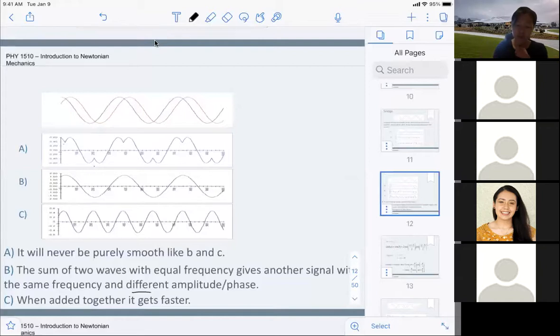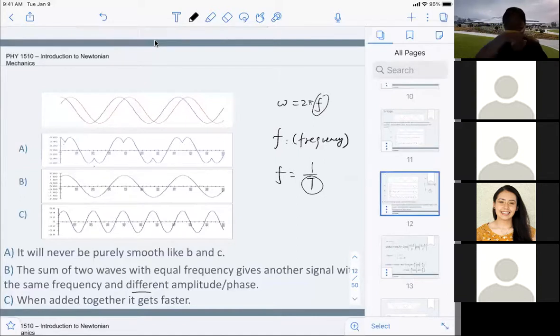Omega is our angular frequency, which a lot of times you write as 2 pi f. If you still remember, f, the frequency, is defined to be 1 over T. T shows how much time it takes to complete one oscillation, one cycle. Then f, being 1 over T, means how many oscillations you have completed in 1 second.